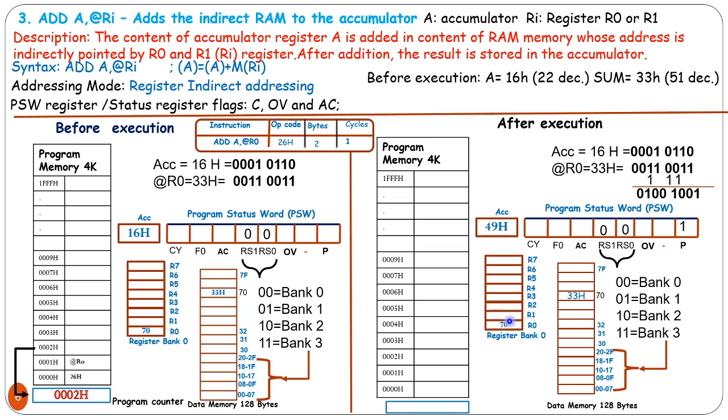So this gives the address of random access memory, that content is added in your accumulator, and the result is stored in the accumulator, that is 49H. So this is the execution process of ADD A, @Ri. Okay. Next one, after execution, what is the content? So this is the content, 49H.